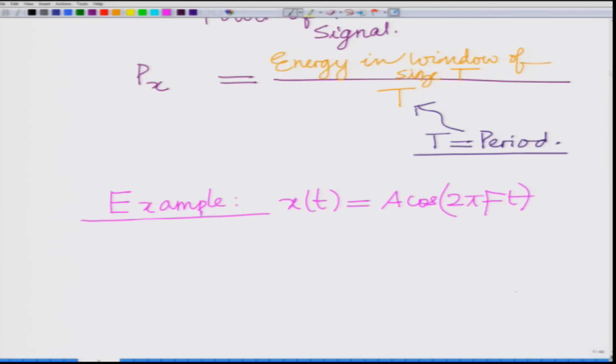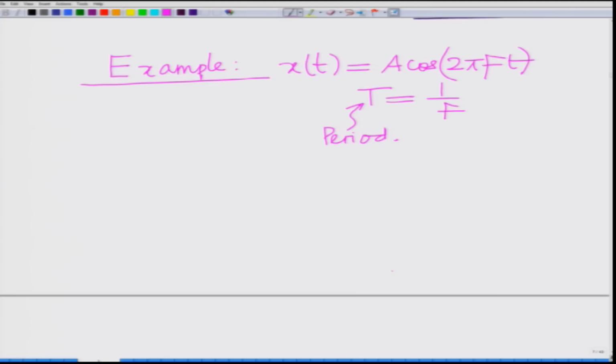This is periodic. Again we said it is a cosine signal with amplitude A, phase phi equal to 0. We said a cosine signal is also a sinusoid. So, this is a sinusoid, and more importantly we know the period, this is the period capital T, which is equal to 1 over f.